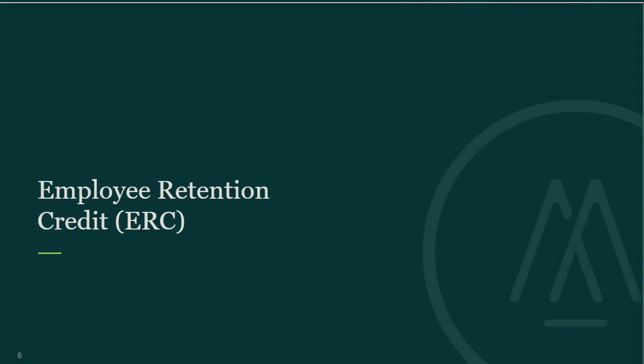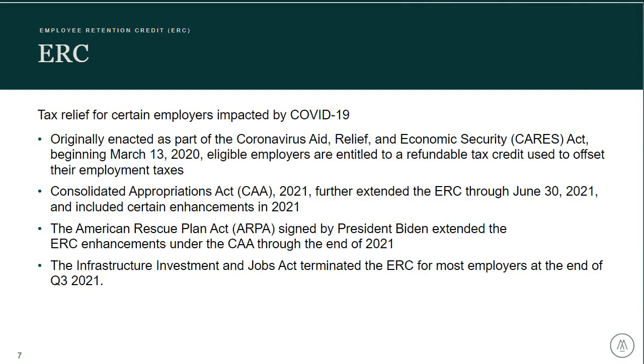And so now I'll get into some of the technical information on the retention credit. This first slide is just some historical background, but I think it's helpful to understand how this started, how it's been extended a couple of times, and which has led to some changes in the law.